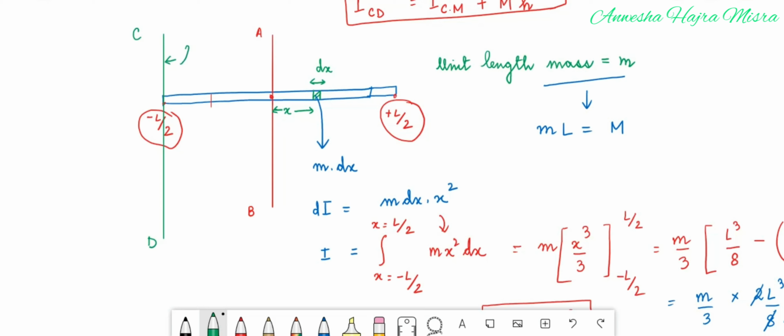This distance is h. h here is L by 2. So moment of inertia about CD is moment of inertia about the center of mass plus m into h square. I center of mass just now we got as M L square by 12. h here is L by 2.